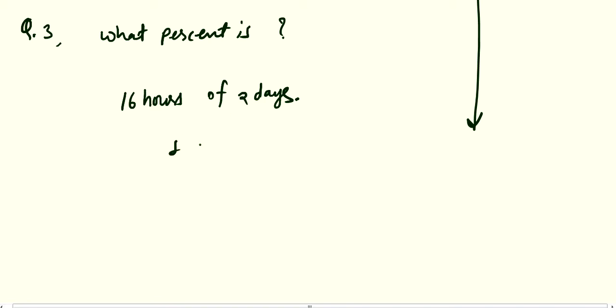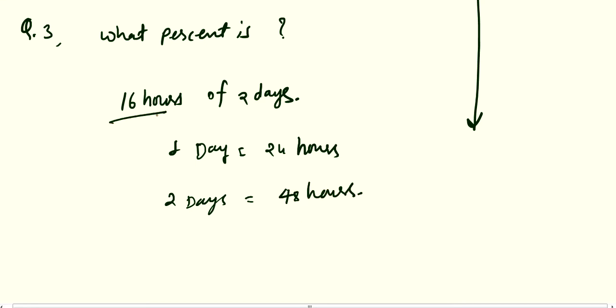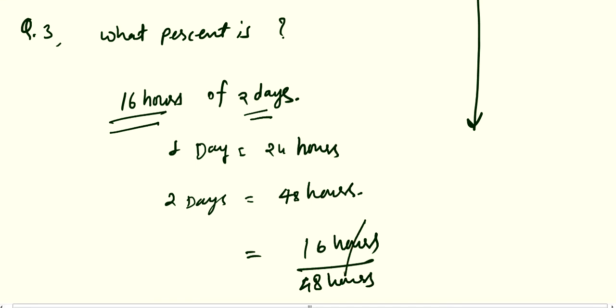As you know, 1 day equals 24 hours, that means 2 days equals 48 hours. Now 16 hours of 2 days. So first we will write 16 hours divided by 48 hours. Same units get cancelled, then 16 1 ja, 16 3 ja. So we got 1 by 3.